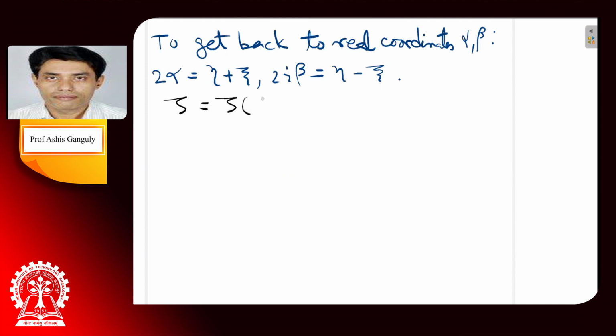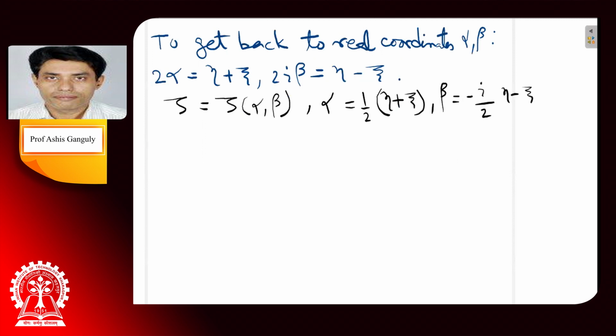So zeta is a function of alpha beta, where alpha is half eta plus xi, right? And beta is minus I by 2 eta minus xi.